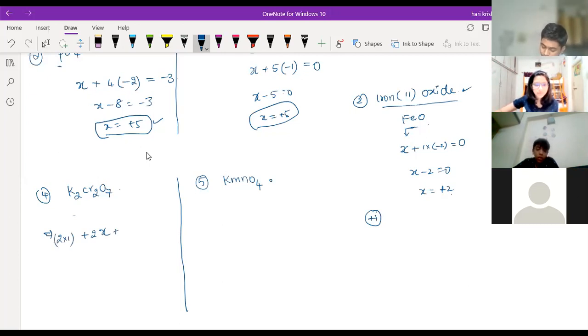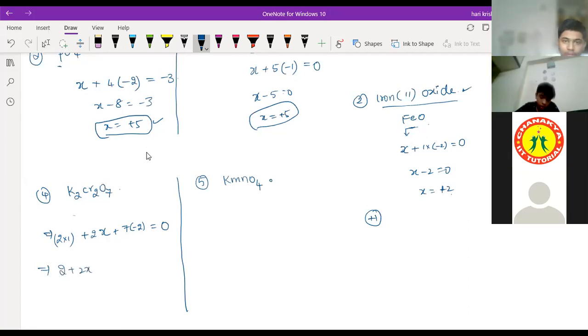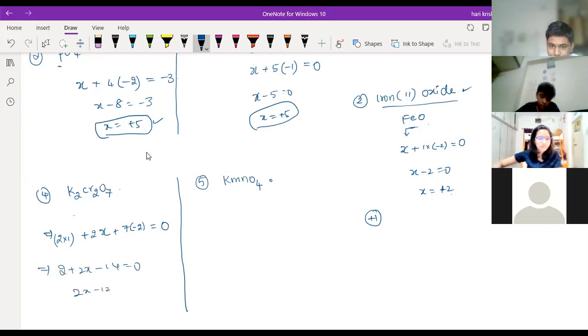And each oxygen will show -2. Just add all the things. If you have 3, you add 3; if you have 4, you add 4. But overall it is equal to 0. Understand, Kavya? Yes, sir. So 2 plus 2x minus 14 equal to 0. 2x minus 12 equal to 0, so x equal to 6.